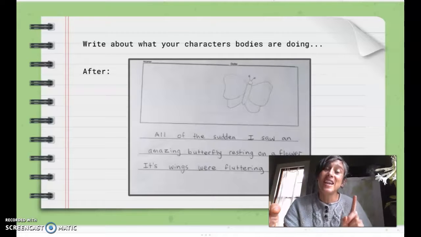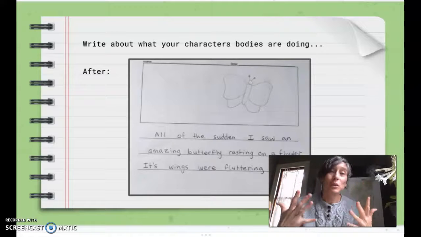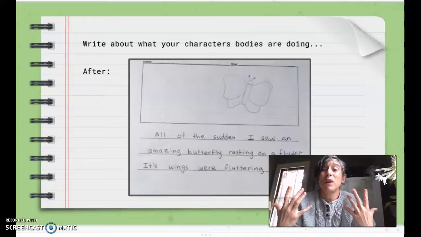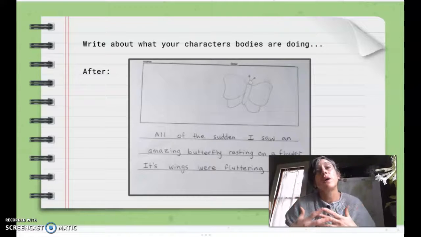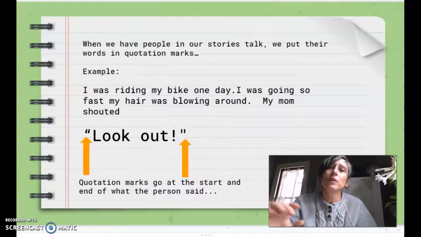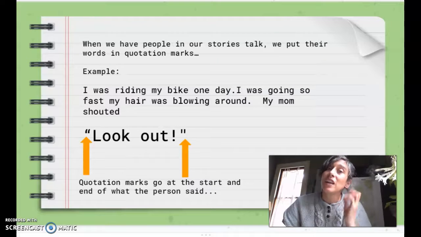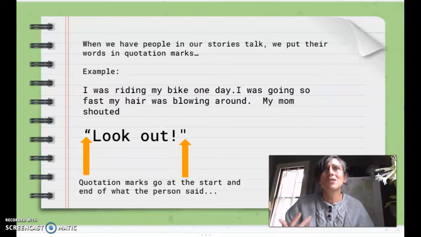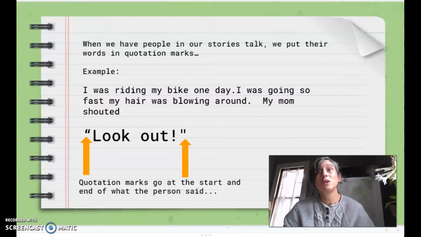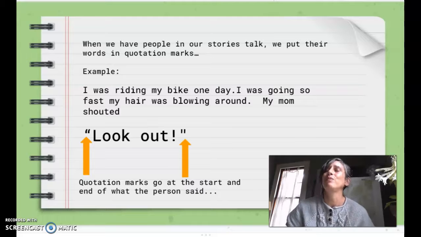All right, guys, now we've talked a little bit about what we do to make our characters come to life by unfreezing them, right? Talking about what their bodies are actually doing. Now we're going to talk a little bit more about how to include what people were actually saying around us. And when we have people in our stories talk, we put their words into quotation marks. Here's an example.